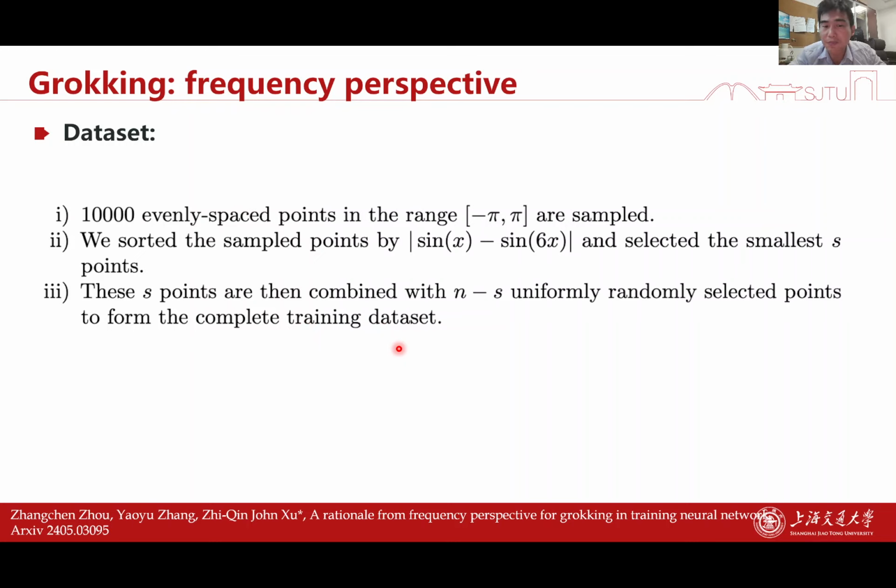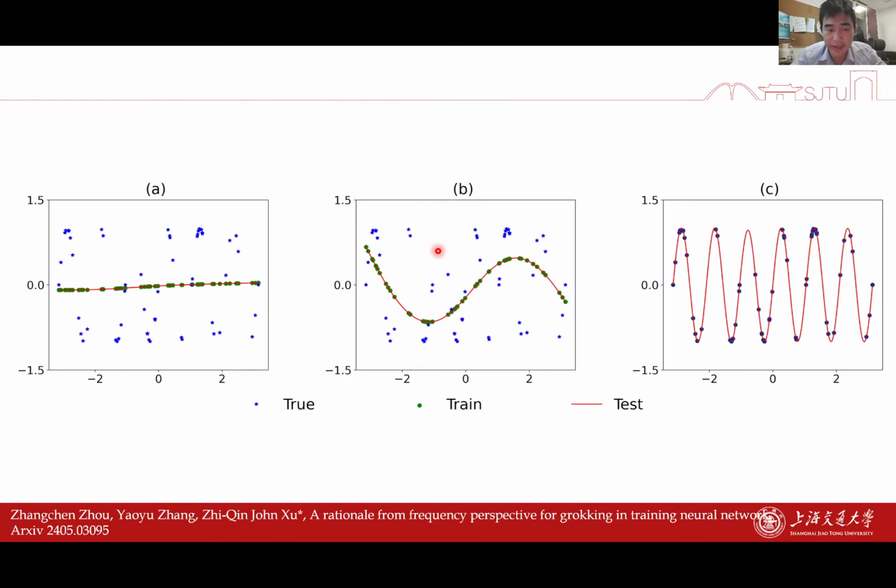By this sampling method, although we sampled from the target function sin 6x, a significant portion of the data is very close to sin x. Take an example. These blue star points are the sampled data points, and they are sampled from sin 6x. However, because we use a very special sampling strategy, somehow it looks like sin x at the very beginning.